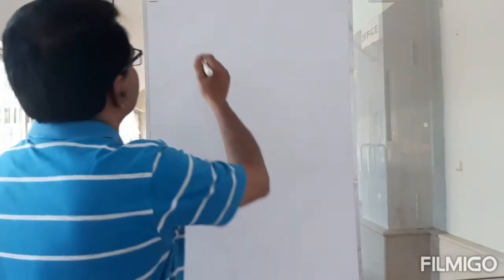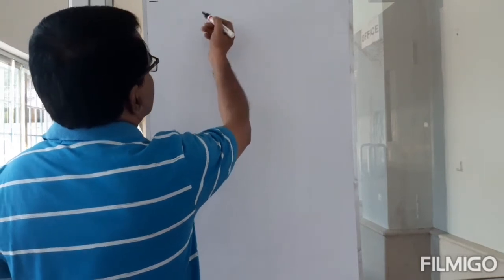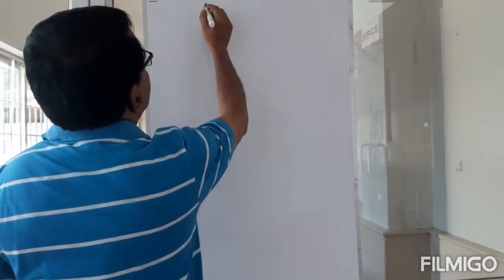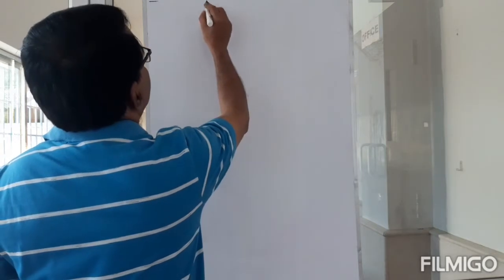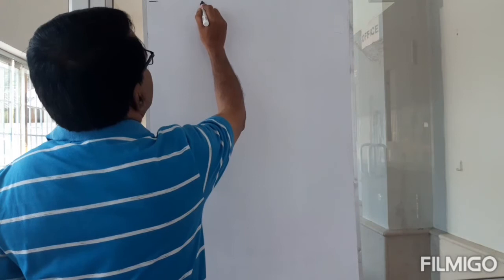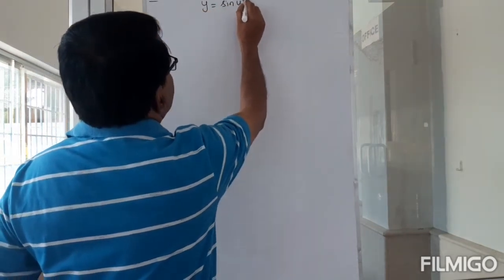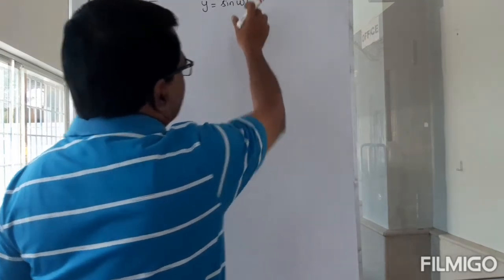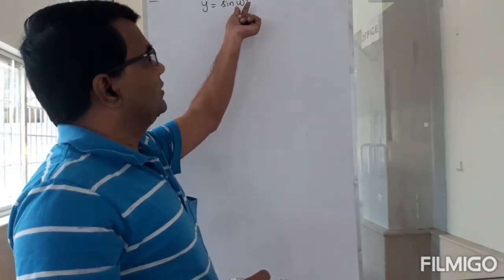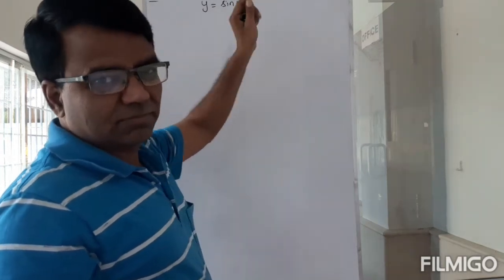Let me first draw the graph of the sine function. Let's suppose that I take this function y is equal to sine omega t. I could have this as theta itself, or sine x, sine omega t, it doesn't matter.